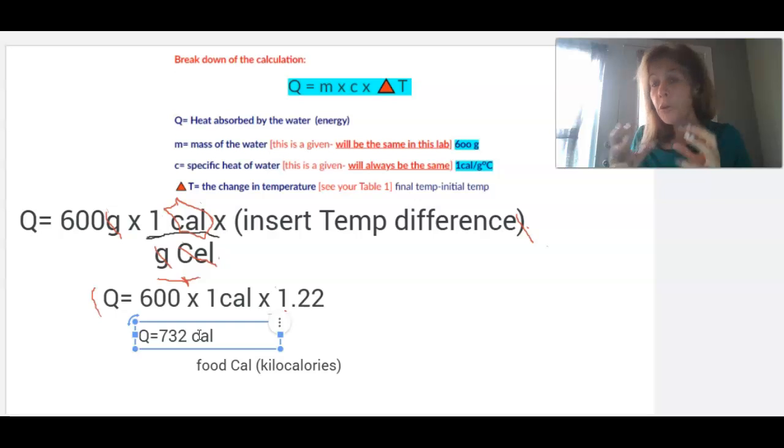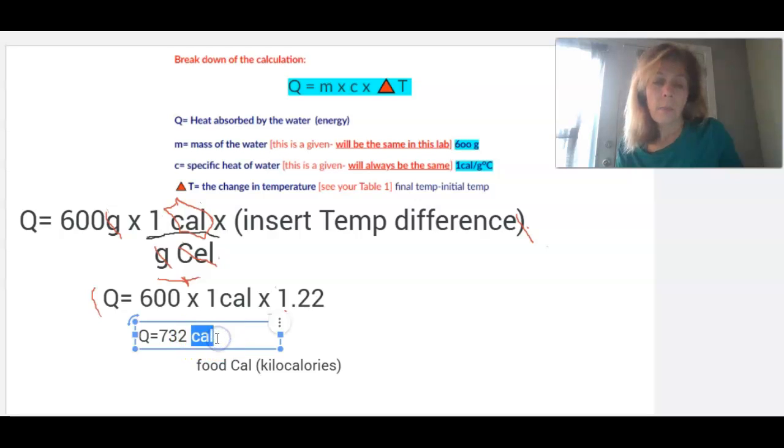We want to know food calories, or kilocalories. And kilo means 1,000. So this is 1 calorie, but I need 1,000. So what I need to do is divide the calories that I just calculated for Q by 1,000.